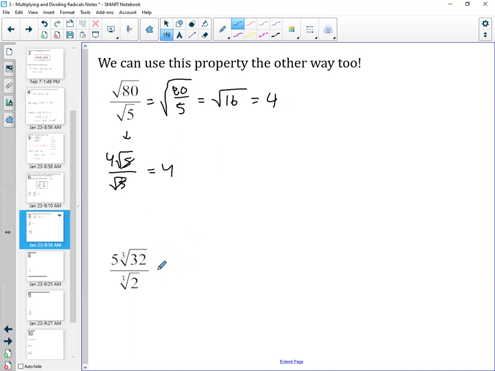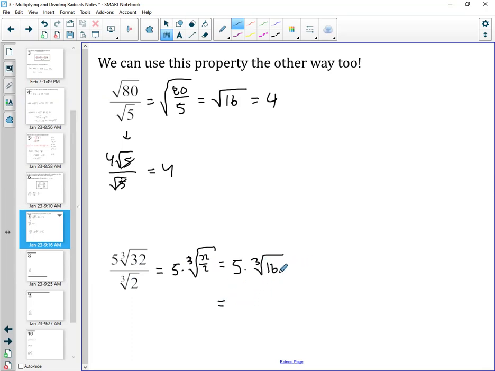So this one is less obvious, maybe. I can write this as 5 times the cube root of 32 over 2. 32 over 2 is 16. Now the question is, can you simplify the cube root of 16?